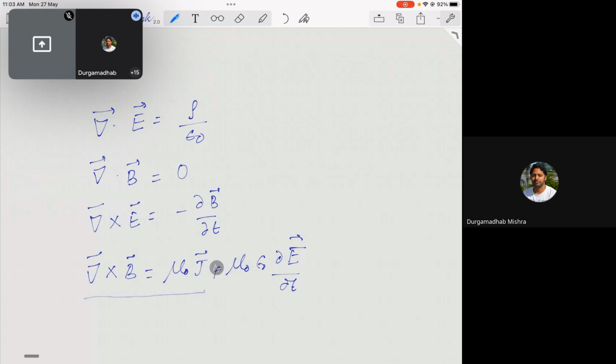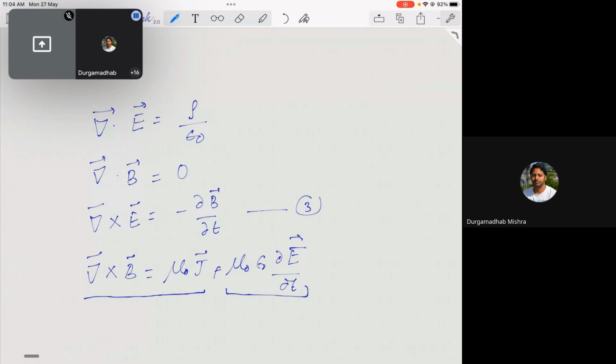That is your Ampere's law originally, but Maxwell modified it and added this second term, which is essential from the symmetry point of view. As we said, the third equation shows that a changing, time varying magnetic field can produce an electric field.